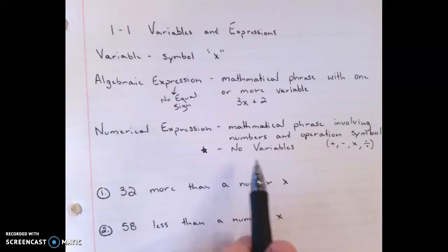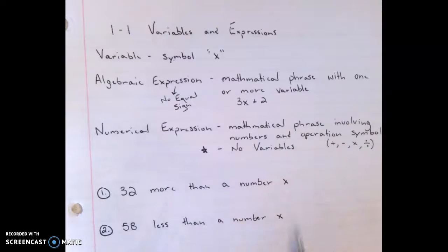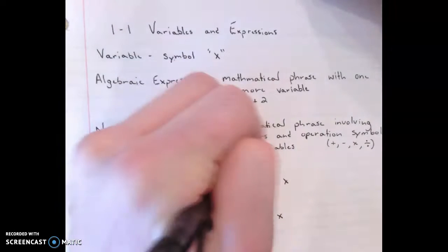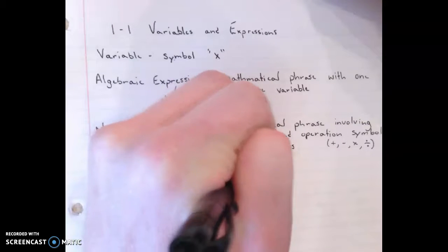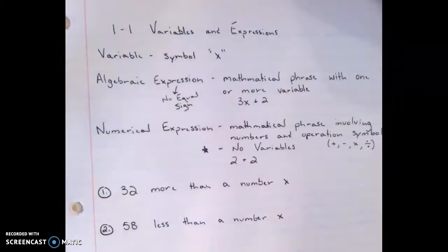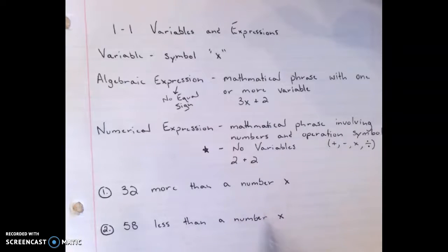Numerical expressions do not have any variables. So if I want to write an expression with no variables, let's start with something simple: 2 + 2. That's an expression. There's no equal sign. It's a mathematical phrase. It involves numbers and an operation symbol, which is addition. There's no unknown anywhere in this. So there's your algebraic expression and your numerical expression.